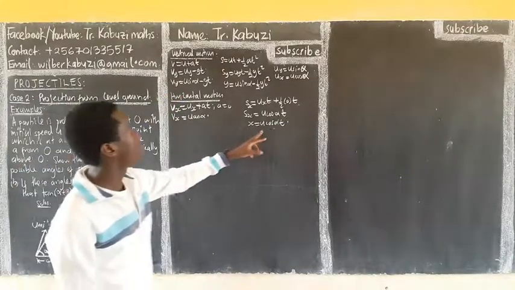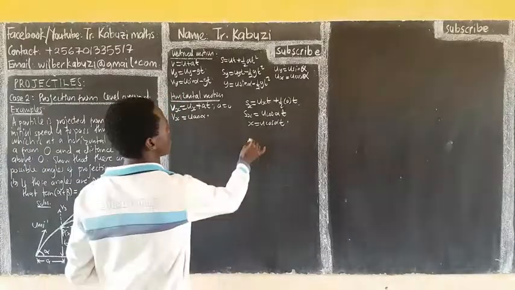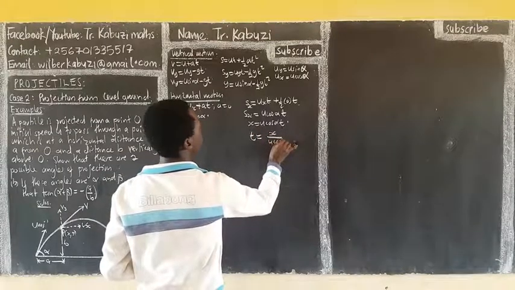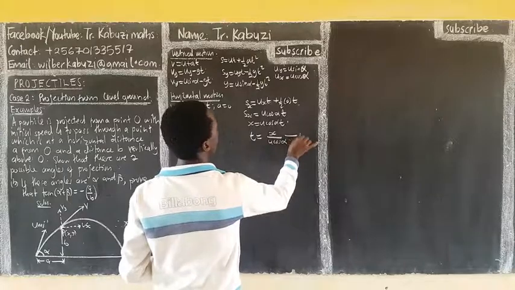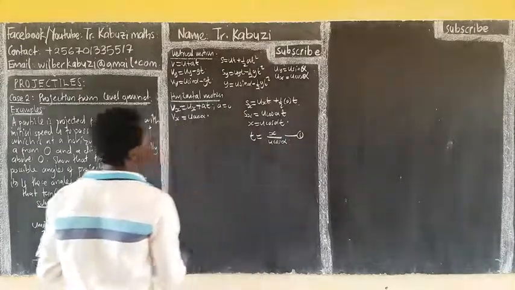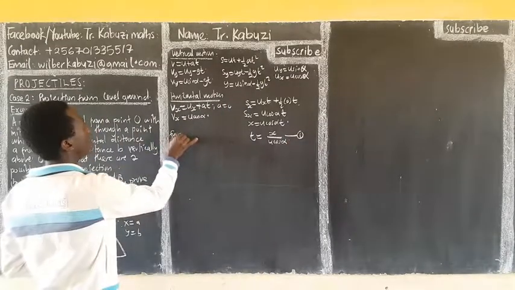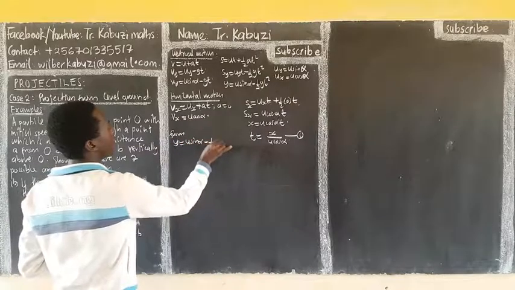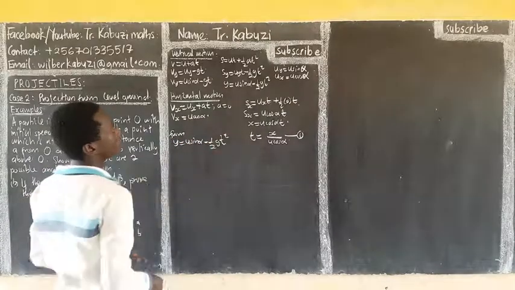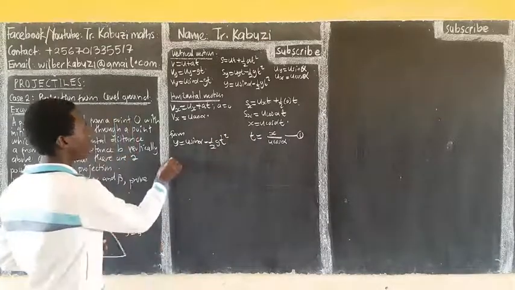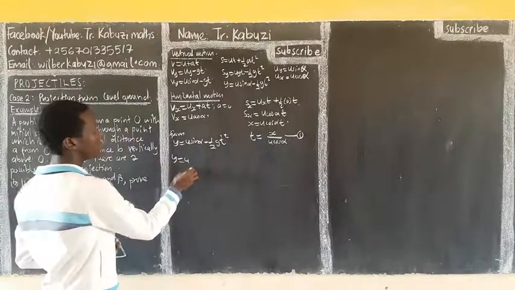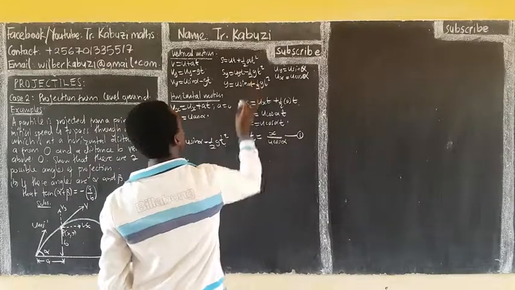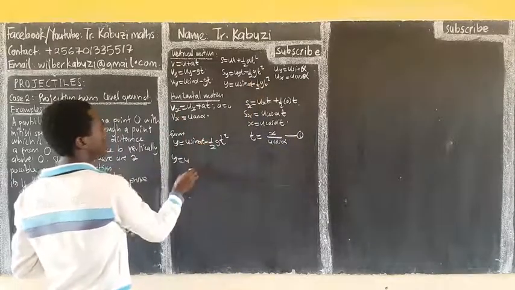Now from here, if I make t the subject, my t will be x over u cos alpha. I call this equation 1. So if I substitute into y equaling to u sine alpha t minus a half g t squared, I'll have y equaling to u, sorry, here I missed the t, yeah, here I also missed the t.